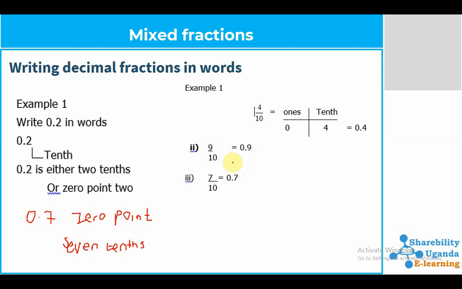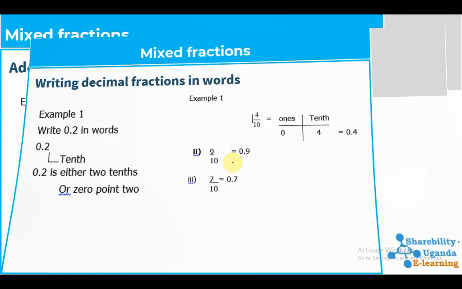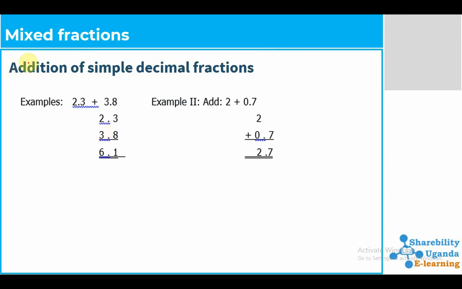Okay. Let's also proceed to another session where we talked of addition of simple decimal fractions. Now, this is where people get confused, especially you pupils, when it comes to adding these decimal numbers becomes a challenge.